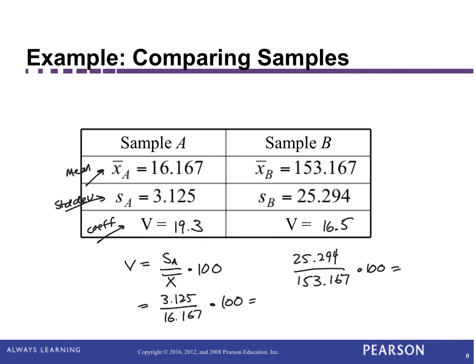So what we find here is, even though this mean is so much larger and the standard deviation is way larger than this standard deviation, still the coefficient of variation is smaller. So the 25 in comparison with the 153 is smaller compared with the 3 compared with the 16. So ultimately, sample B has less variation, with a smaller coefficient of variation.